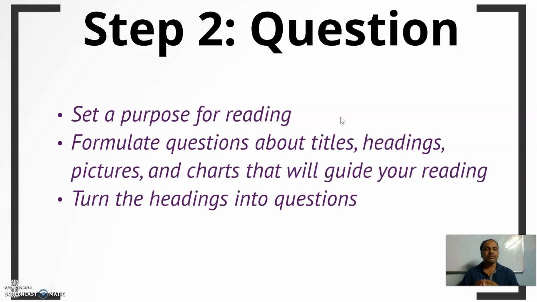All these questions will guide you in reading, and they will help you in understanding the text in a better manner. And if you find headings or subheadings, you need to change those headings and subheadings into questions. All these strategies will help you in understanding the text.